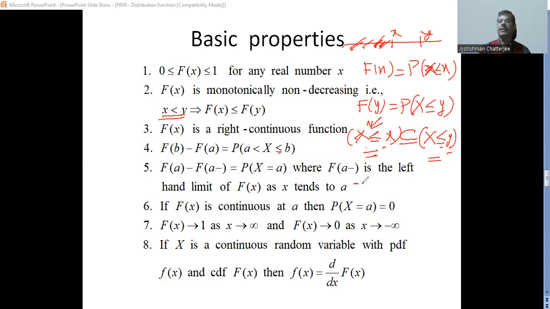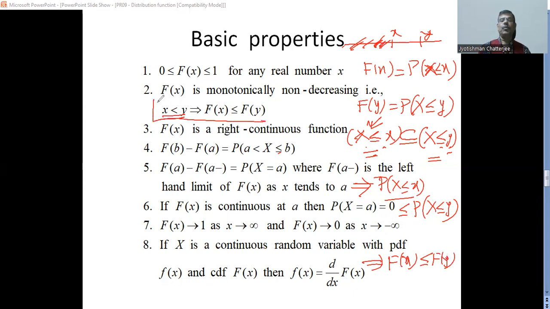If the event is bigger, then the probability also must get bigger, or can remain the same, but must not decrease at least, right? We know that thing. So that gives probability of X less than or equal to small x should be less than or equal to probability of X less than or equal to small y. And we know this is nothing but F(x), and this is nothing but F(y). So this is proved.